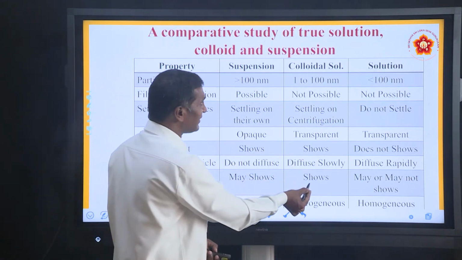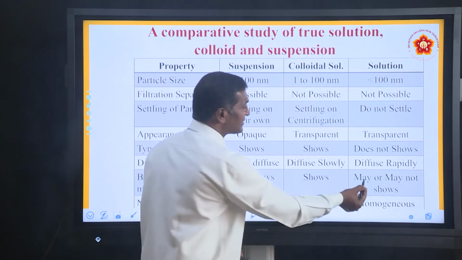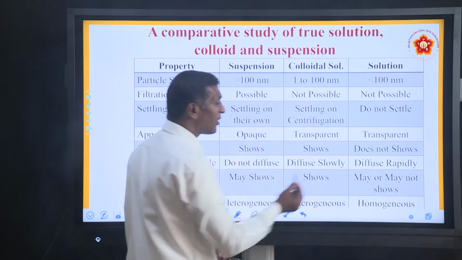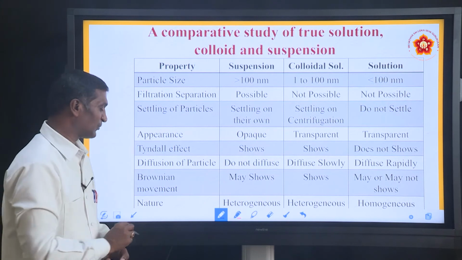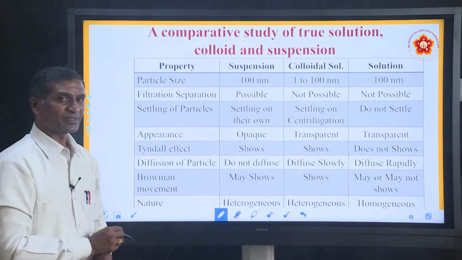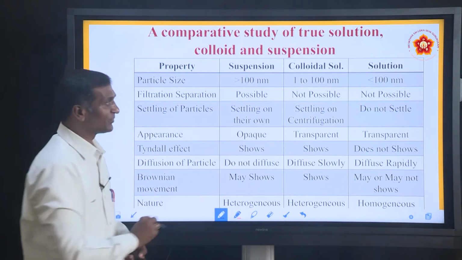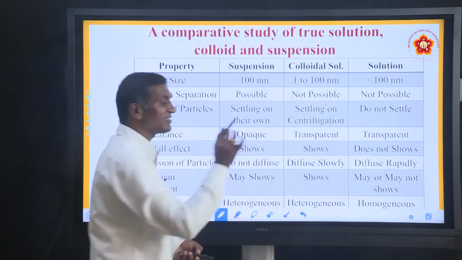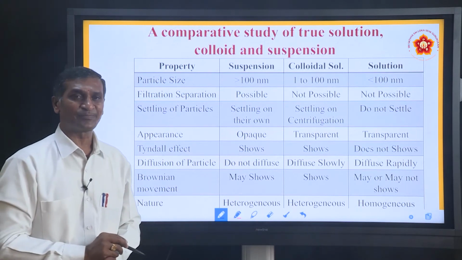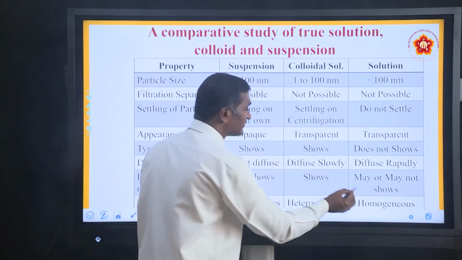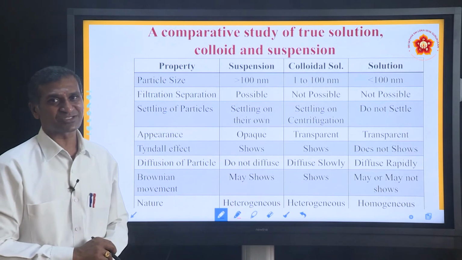It is seen in colloidal solution, whereas a solution may or may not show it. Nature: a suspension is a heterogeneous mixture. Even the colloidal solution is a heterogeneous mixture, whereas a solution is a homogeneous mixture.